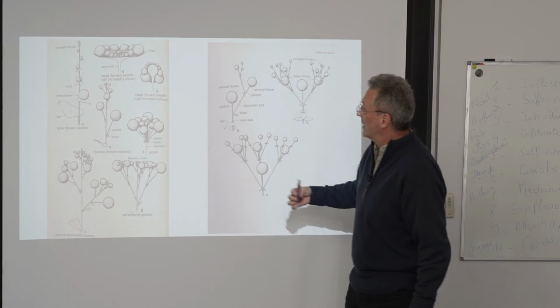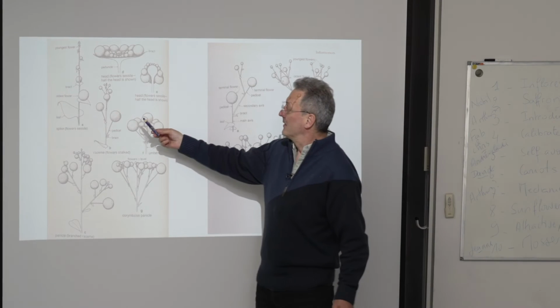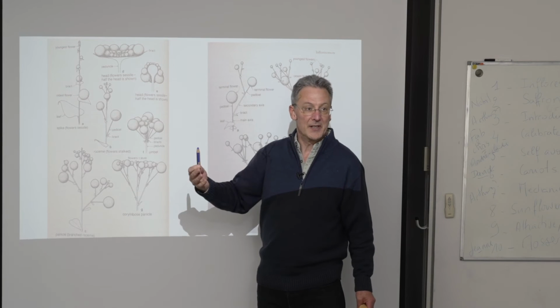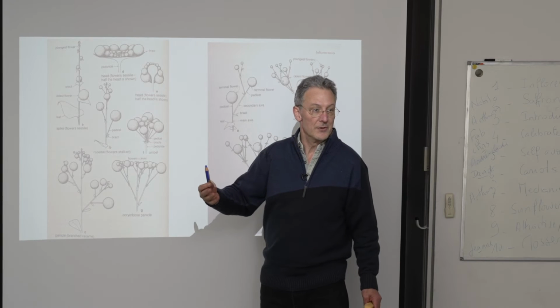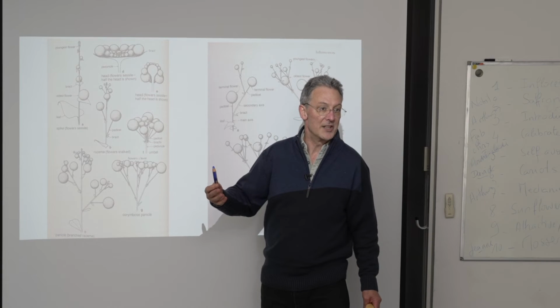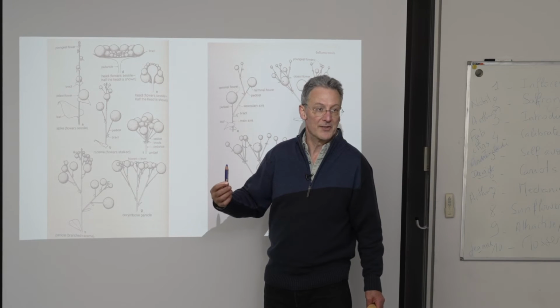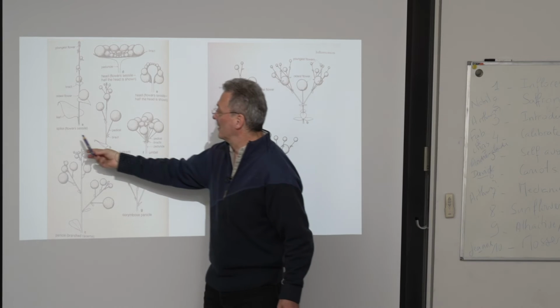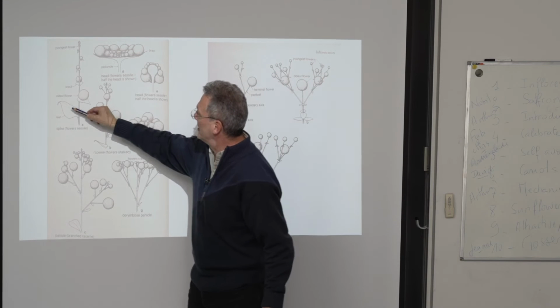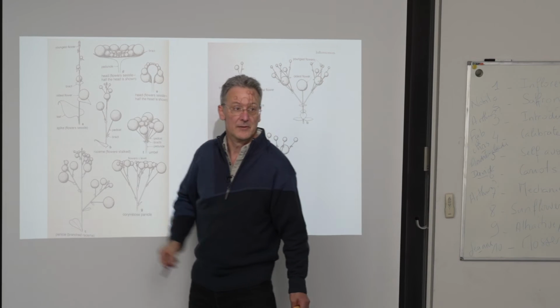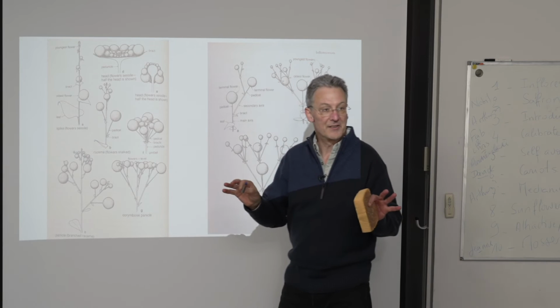So you see, they have schematized different forms, architectures of inflorescences. So you have a spike, which is a leaf and lateral flowers with no development of axis.